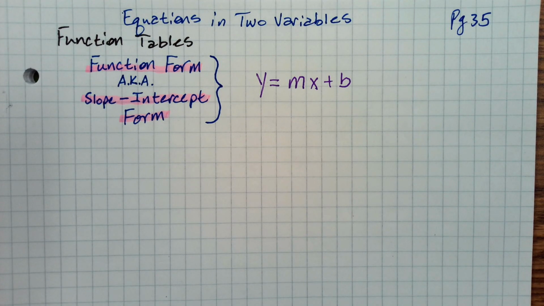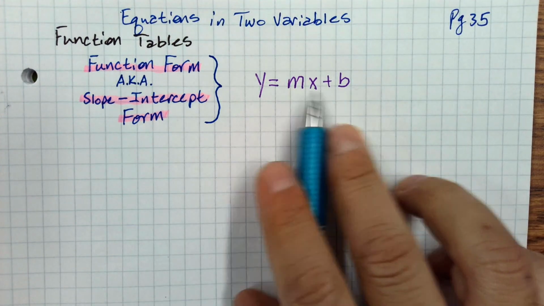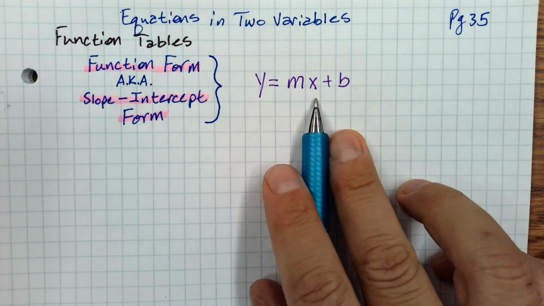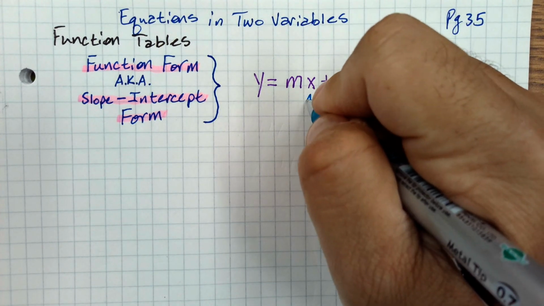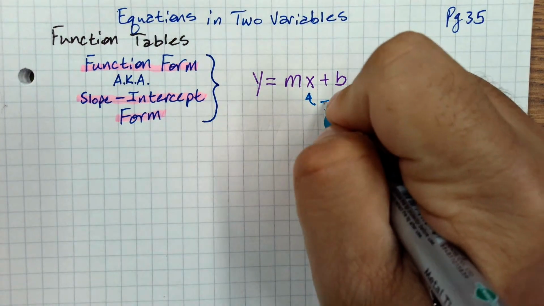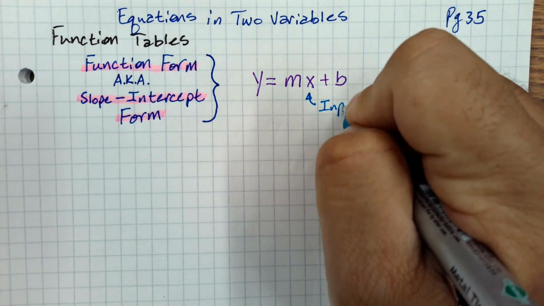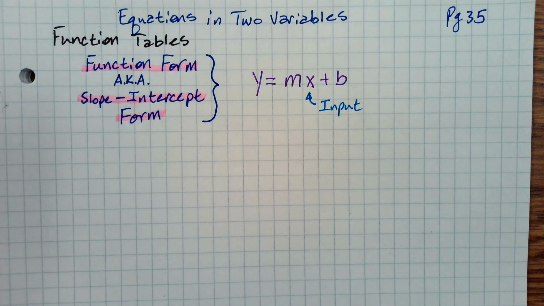Today, all I need you to know is that m and b are just going to be numbers. So we'll ignore those. But the variables that we're going to play around with are x, and x is going to be our input. Meaning we put a number in, and then we'll get a result out. So the number we put in will be x.